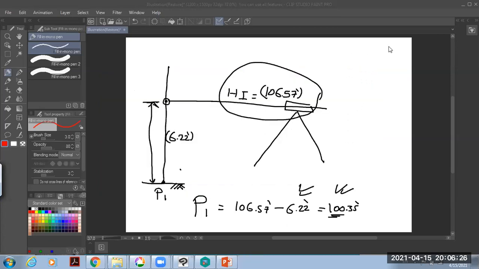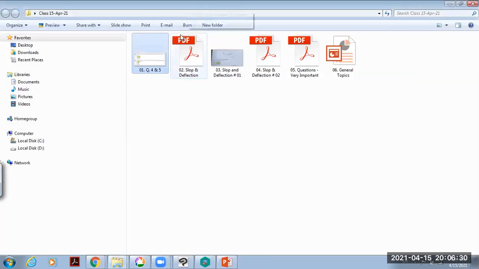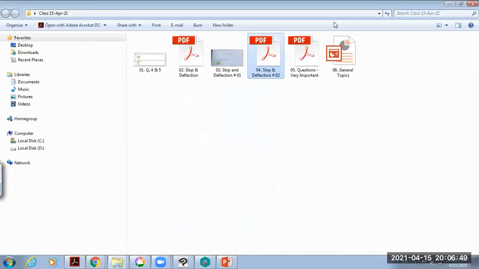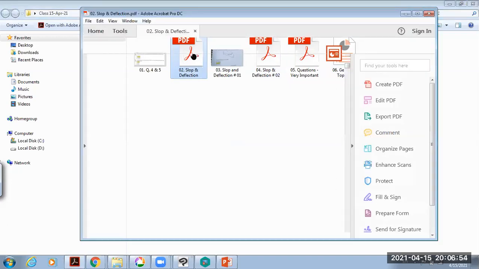This is what I told you. Today we are going to discuss slope and deflection first. Slope and deflection happen in a structure system, and I will give details about it. If you open the slides which I already sent in our WhatsApp group, I sent a very important slide set, slope and deflection.